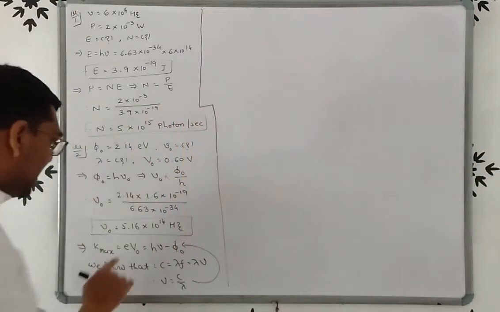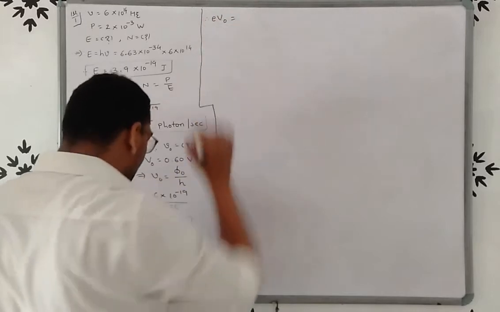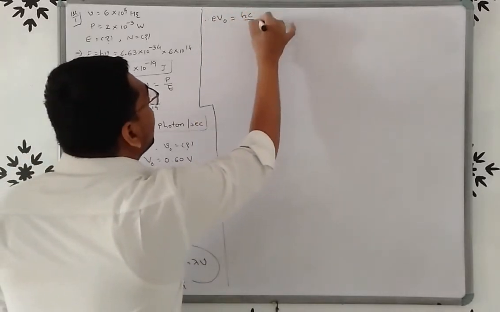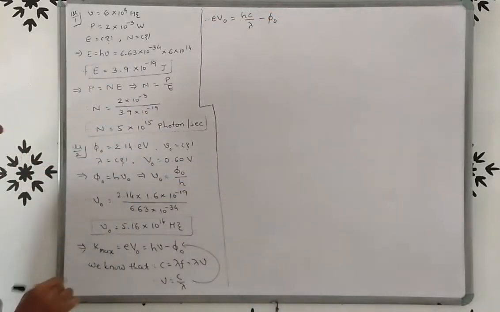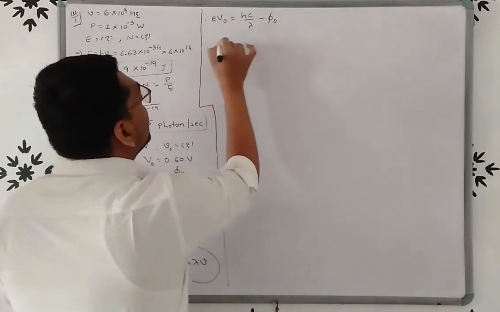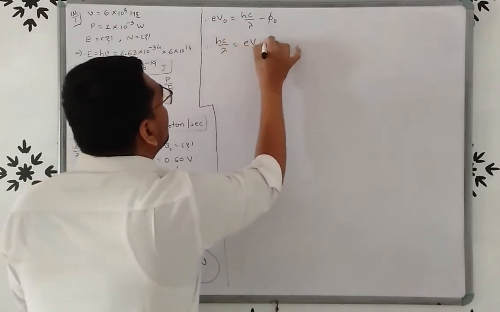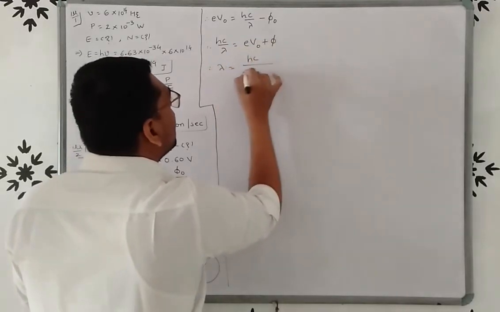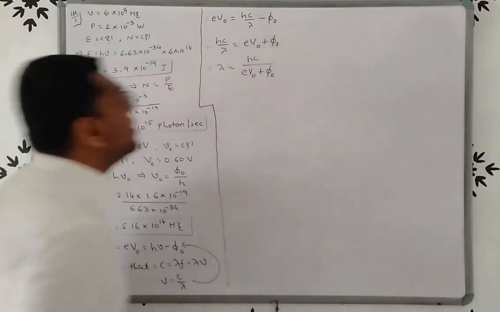So the formula will be like this: eV0 is equal to h nu, C by lambda, so hC by lambda minus phi 0. Here we have to find out the wavelength lambda. So we take this work function to the left hand side. So we get hC by lambda is equal to eV0 plus phi 0. So lambda is equal to hC upon eV0 plus phi 0, right?